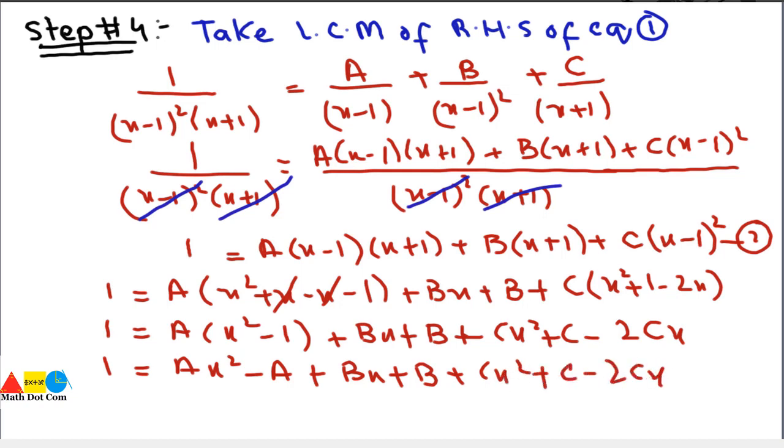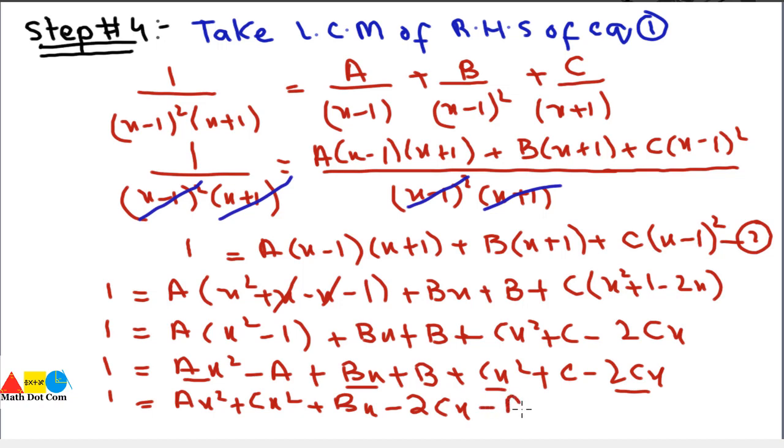Now we will combine the like terms: ax square and cx square together as ax square plus cx square. Then we combine the x terms as plus bx and minus 2cx, and then the terms that have no variable as minus a plus b plus c. So this is equation number 3 that we have got.